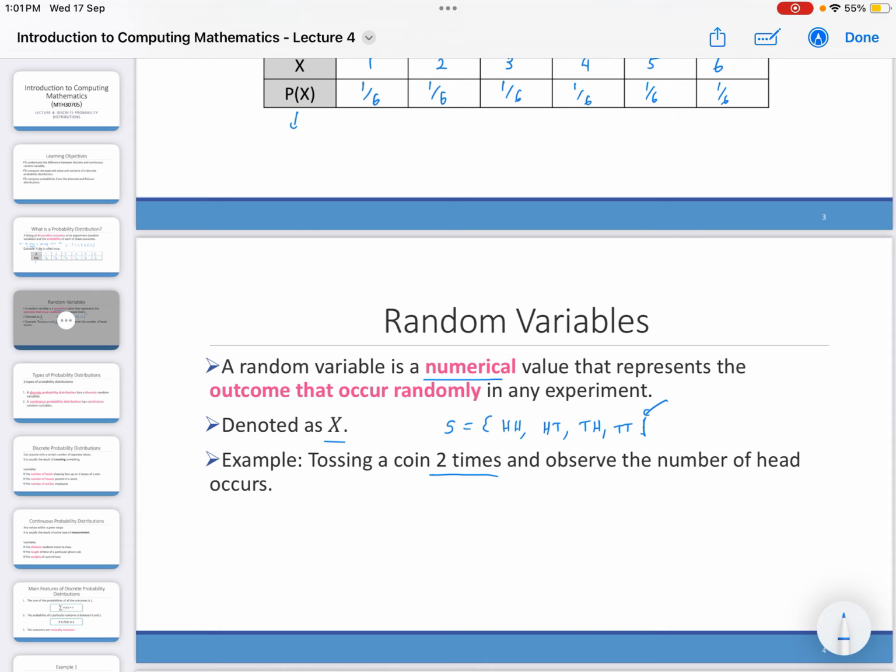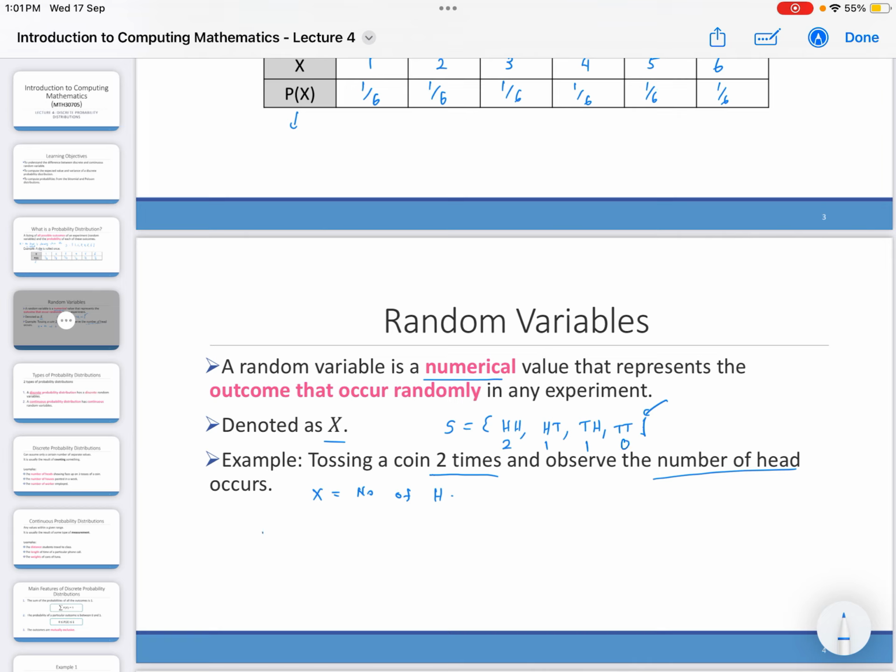But we can say an example of a random variable for this experiment is to observe the number of heads in this experiment. So we can say x is the number of heads. Then we can count. For example, one outcome has 2 heads showing, and then this one 1 head, this one also 1 head, this one 0 heads.